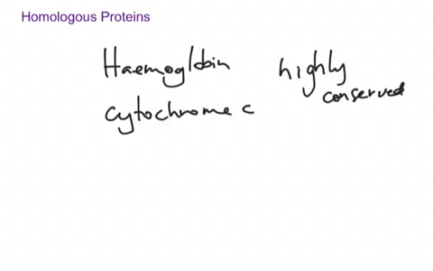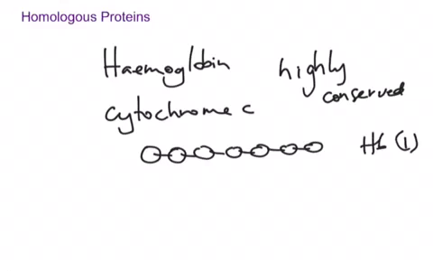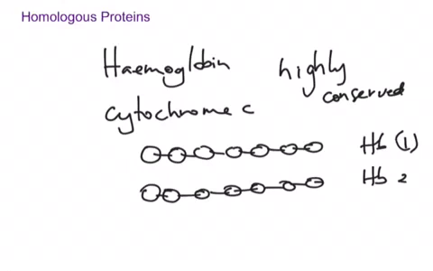So if we can work out the amino acid sequences in hemoglobin molecules from different species, so the number of amino acids in a sequence from hemoglobin in species 1, and compare it to the amino acid sequence in hemoglobin from species 2, just like we can check the degree of bases in DNA that are held in common, we can check to see how many amino acids are held in common.